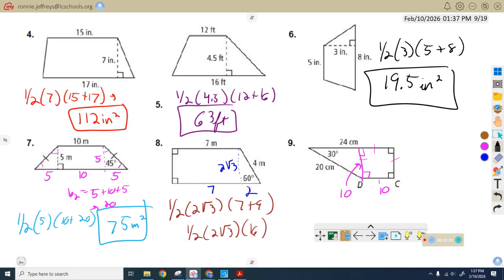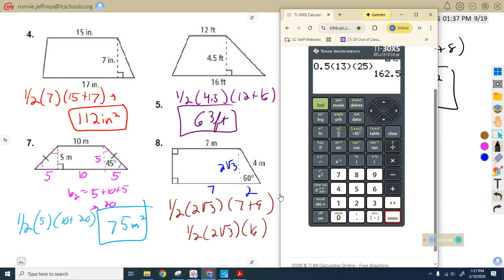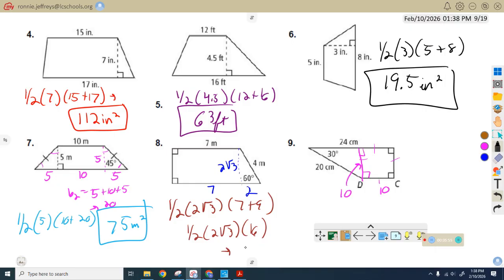You treat the root 3 kind of like its own variable, kind of like x. So what you would do is type in 0.5 times 2 times 16. We get 16, and then we just tag along the root 3 right here. So this would be 16 root 3 for that answer.